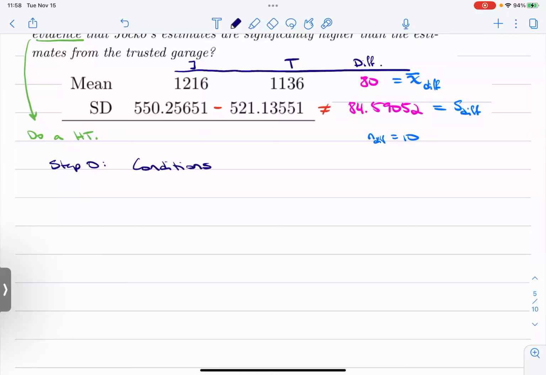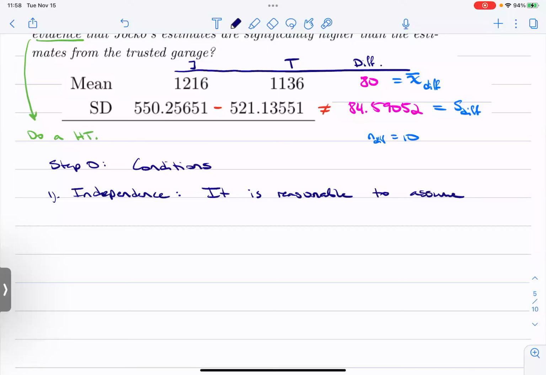So our conditions, the first one is independence. There's no mention of randomly sampling the cars. So what do we say? I like to say, it is reasonable to assume, like I said, that really no one can argue with that, unless it's actually unreasonable.